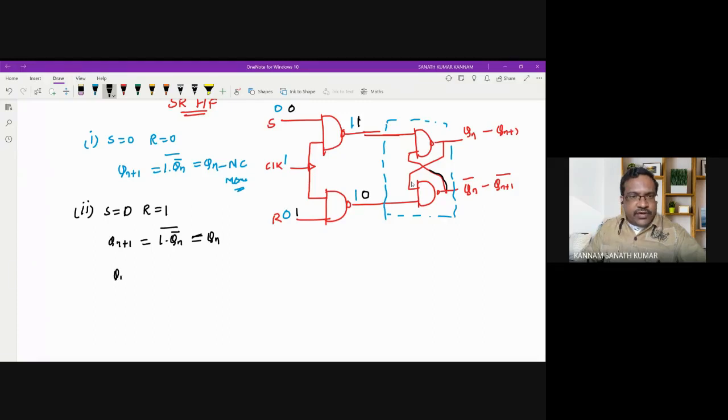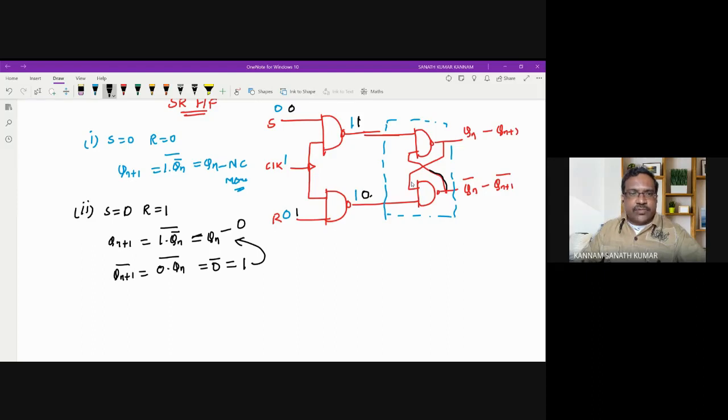Suppose if I take Qn plus 1 whole bar, what are you getting? 0. So one input is 0. 0 into what is the other input? Qn bar. So this is nothing but 0 bar. 0 bar equal to what? 1. Okay, by taking this reference, what is Qn plus 1? 0.